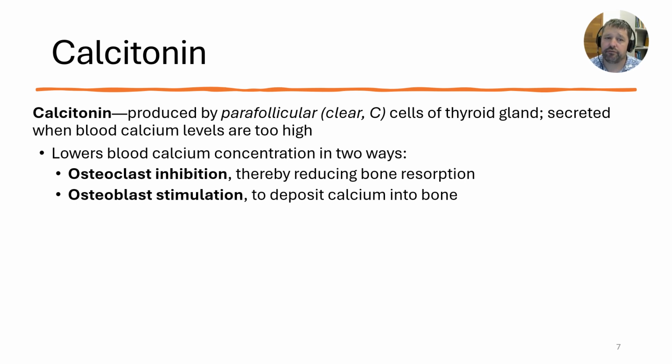Okay, and so if your calcium levels are too high, there are a couple of ways your body goes about it, and ways this hormone entices your body to start doing things. One is osteoclast inhibition. The outside of all your different cells will have binding proteins that recognize different molecules.